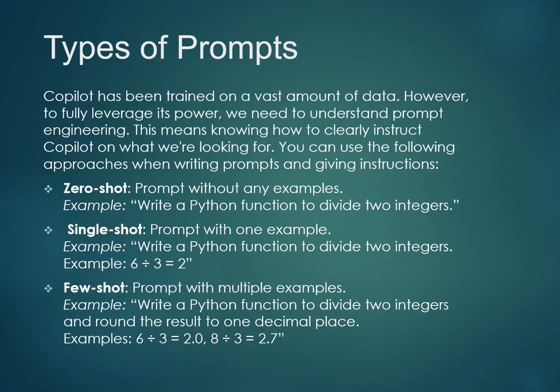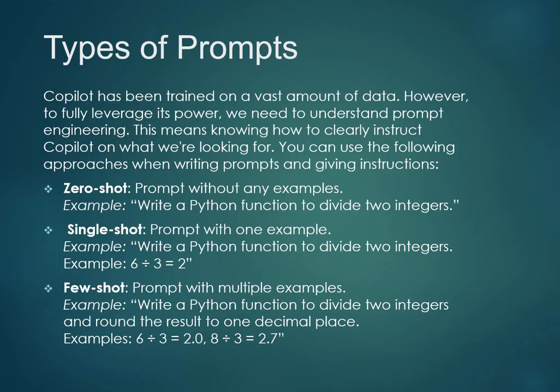We need to try three types: either zero shot, single shot, or with some examples. It depends on what exactly you are looking for. If your question is very straightforward, like write a Python function to divide two integers, then it's very straightforward. You don't need to give more.